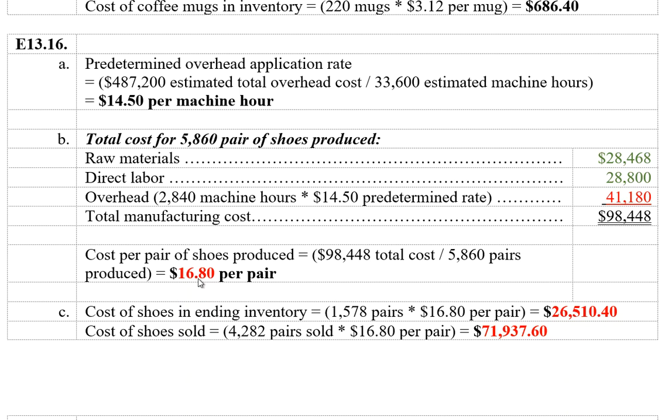Now guys, if you take that cost per pair and you multiply it times the inventory that they give us, then we can get a cost for our inventory. And then we can also figure out, well, if we had that many in ending inventory, then we must have this much that we've sold. So if we come up with $16.80 per pair, we can come up with a cost of the shoes that were sold.